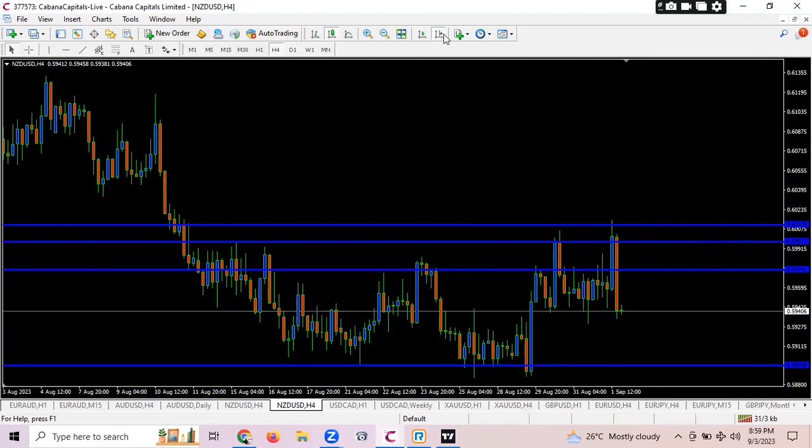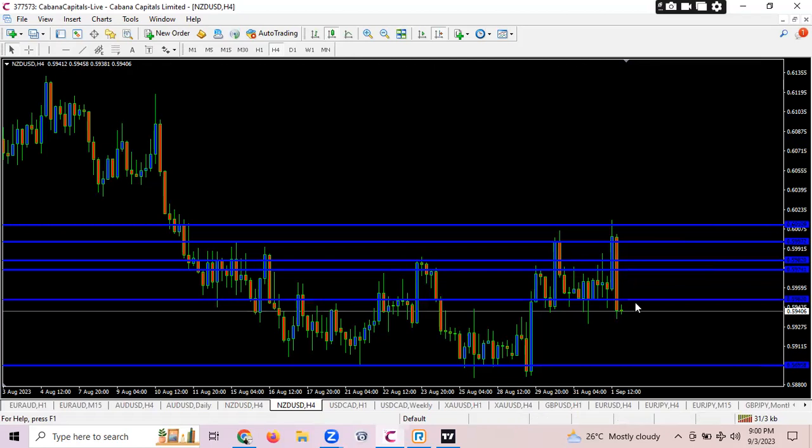Okay, so can we look for a better entry to reduce our risk on the trade? And you say we had a resistance here. Right, this was a resistance. We also had a support here, which became a resistance. So for aggressive traders, you can execute a buy if a 4-hour candle closes above this resistance.